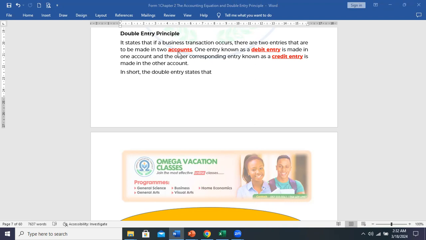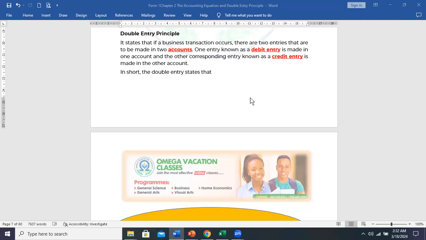So we are getting some new terminologies here. Two entries. So what is the meaning of entries? We'll come to that. And then in two accounts. So what is an account? We have to know that. Now, one of the entries you have to make is a debit entry. And then the corresponding entry you have to make is the credit entry. So we have to pick these terms and also explain them.